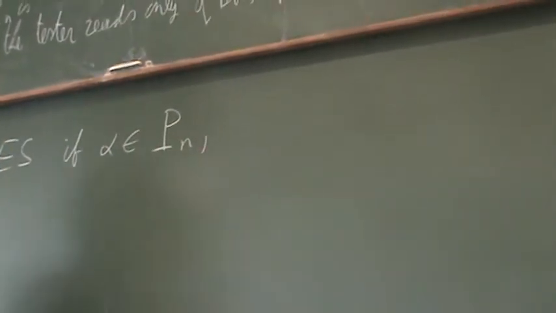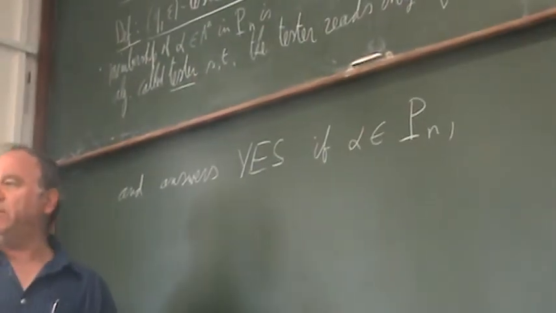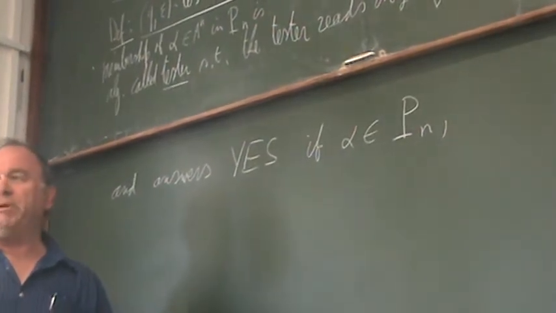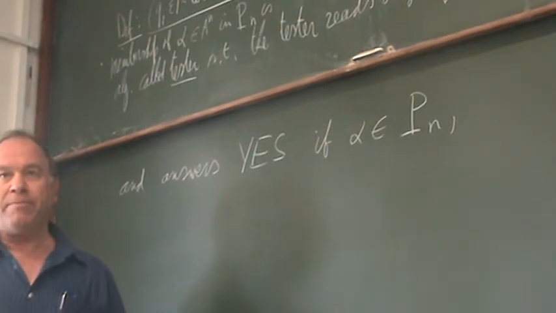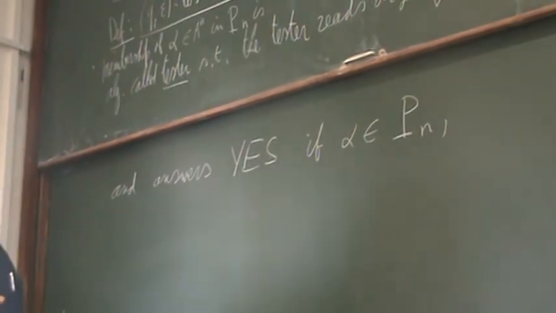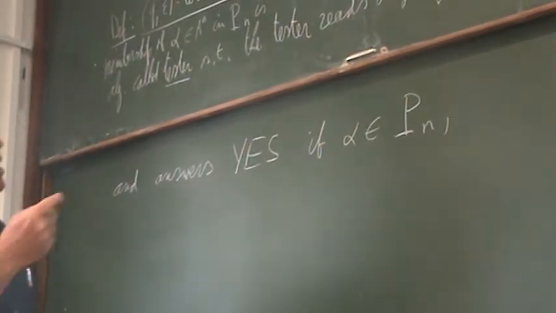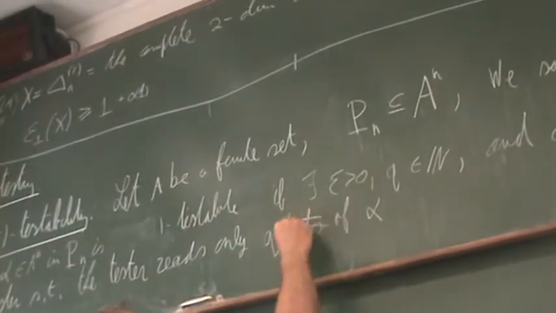The tester wants to check if alpha is in Pn or not, but is allowed to read only Q bits. So Q is independent of n. Q bits or Q entries? Because A is not 0, 1. Yeah, okay, Q entries.